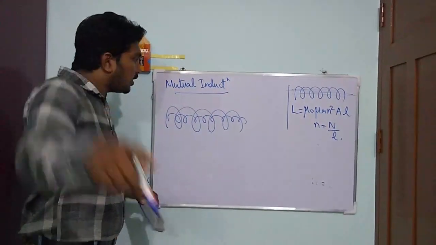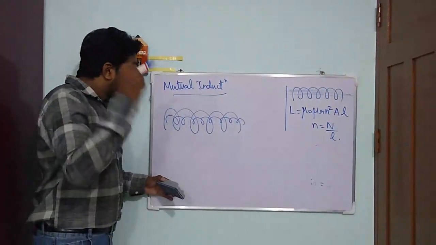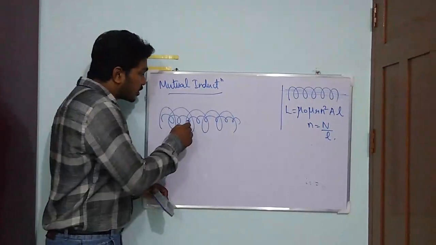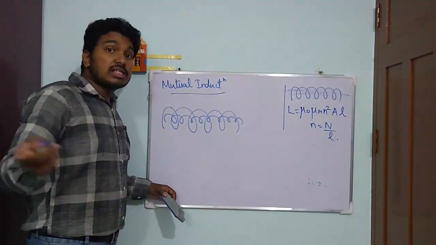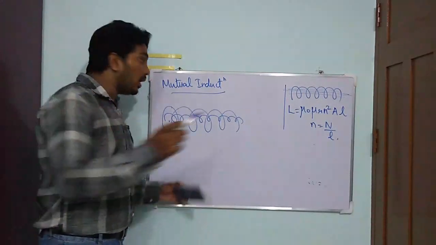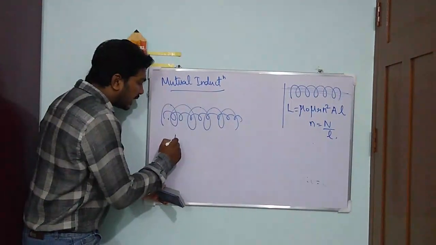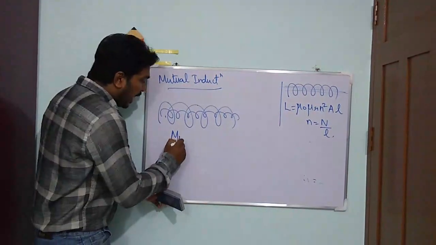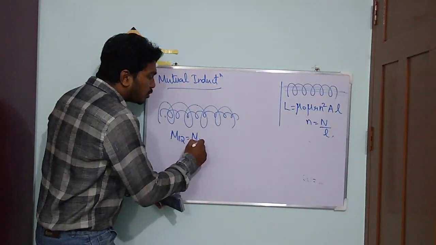Very important thing to remember here is that when a current is flowing through this coil, there can be an induced EMF in this smaller coil. When there is a change in current in the smaller coil, there can be an induced EMF in the other coil. So based on the reciprocity theorem, M12 is actually equal to M21.